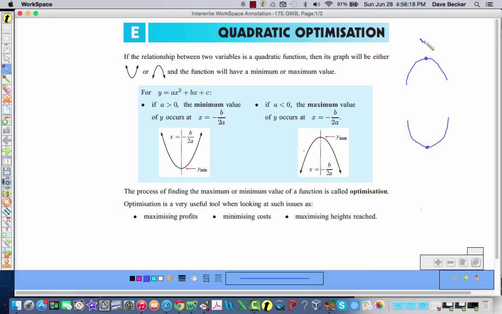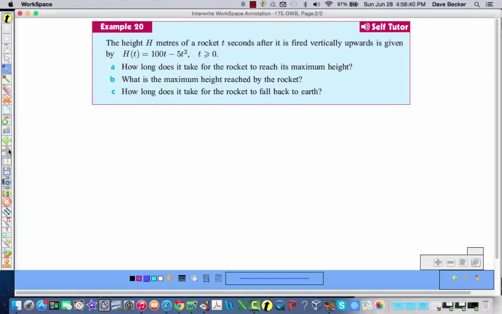And the equation of the line of symmetry, which goes through the vertex, is x equals negative b over 2a. And that gives us the x-coordinate of the vertex all the time. Isn't that wonderful? So we'll have a min here and a max here. We can model such things as profits, costs, heights, all kinds of things using quadratics.